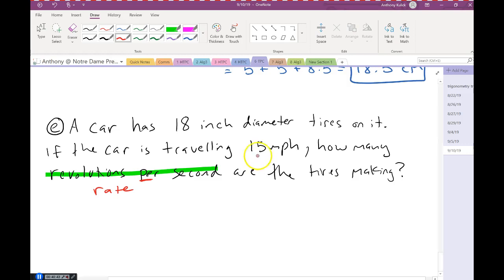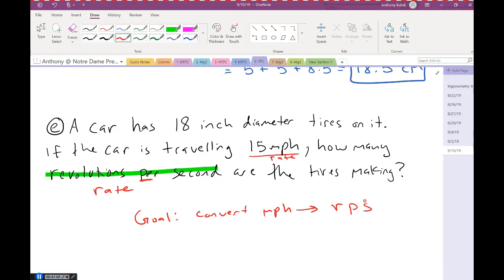Miles per hour. So my goal is to convert miles per hour into revolutions per second. Everybody good with that plan? Okay.